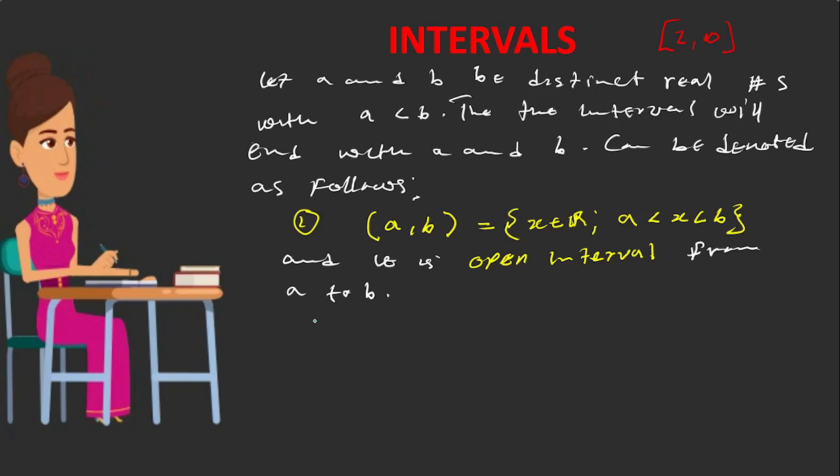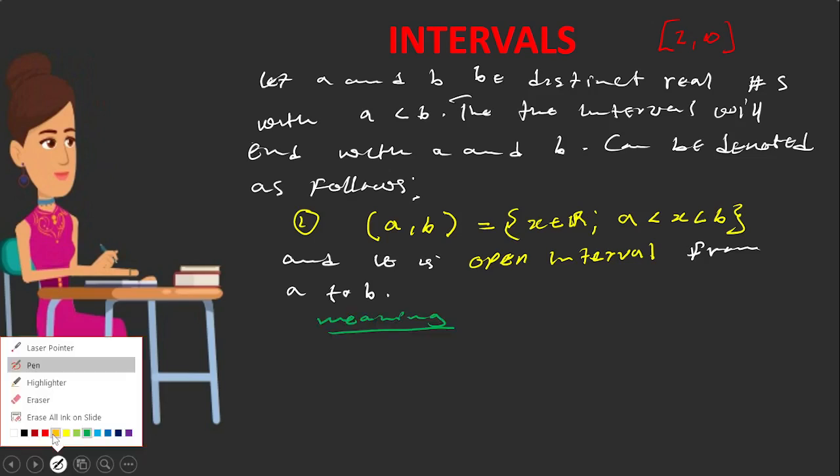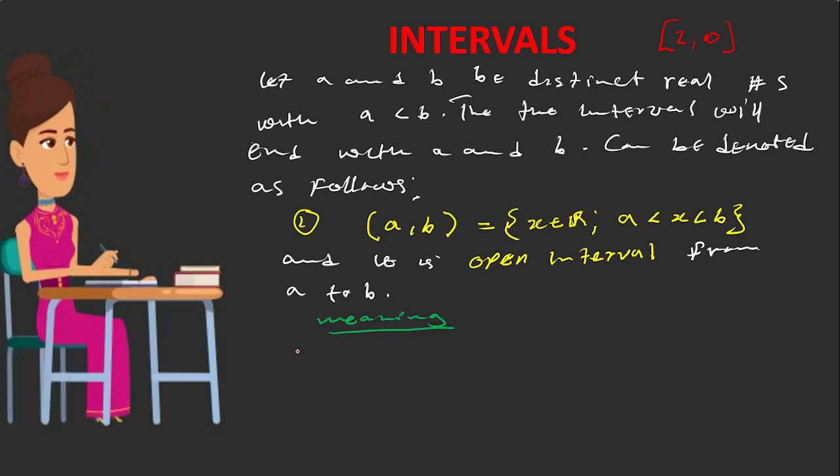In this case, the meaning for such an expression, whereby you have A comma B in brackets, is that the set has numbers between A and B. That's the first thing you need to understand.